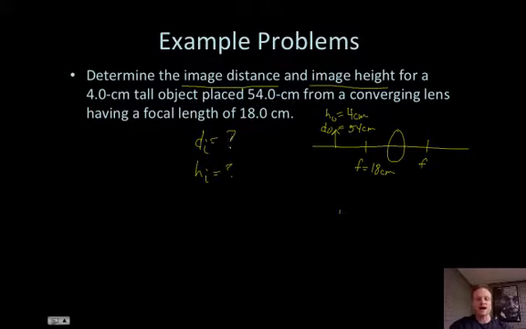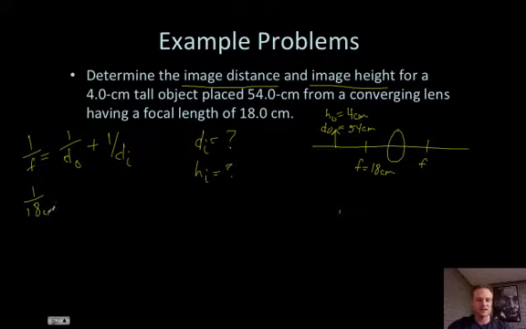To get d sub I, I'm thinking I can just use the good old lens equation, which is 1 over f equals 1 over d sub O plus 1 over d sub I. If I plug some numbers into this, the focal length is 18 centimeters.